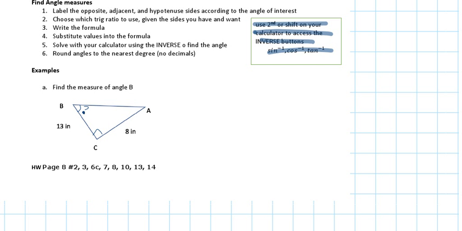So let's name the triangle. Where's your hypotenuse, adjacent, and opposite? So AB is the hypotenuse, yeah. CB is the adjacent, yeah. And this is the opposite, yes?